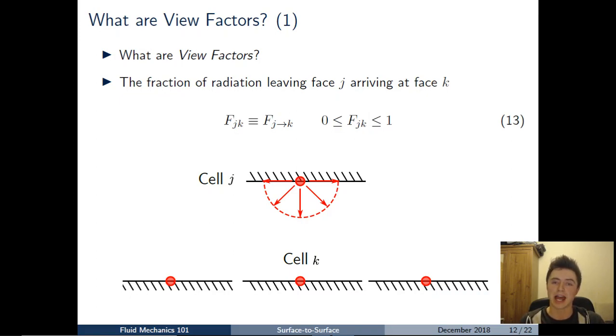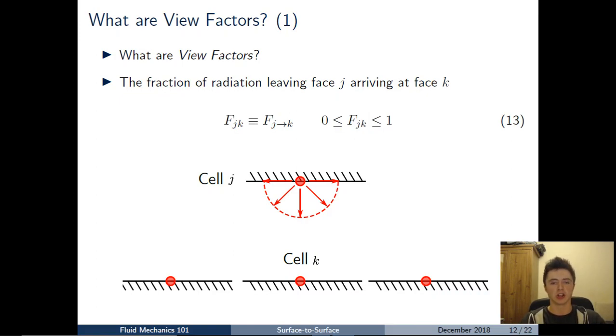And what the view factor F means is it's the fraction of radiative energy that's leaving boundary face J and then arriving at boundary face K. And it's very important to remember the order of the indices here. So F_JK means the fraction of radiation leaving cell J that's then arriving at face K.